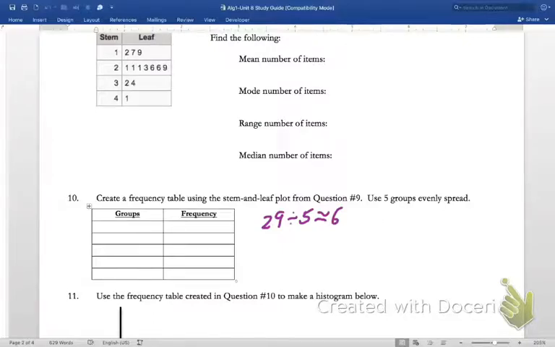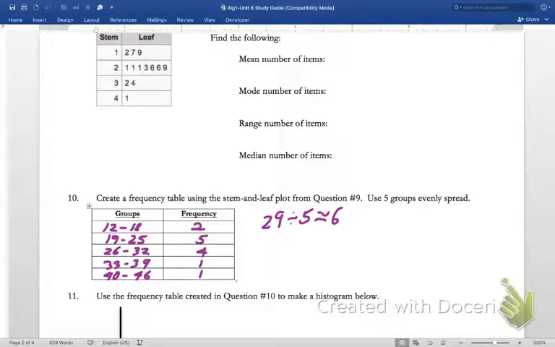So the smallest number is 12. 12 plus 6 is 18. The next group on mine would have to start at 19, go up by 6, that's 25. Then 26 to 32, 33 to 39, and 40 to 46. Now, if I have those groups, my frequencies turn out to be 2, 5, 4, 1, and 1.